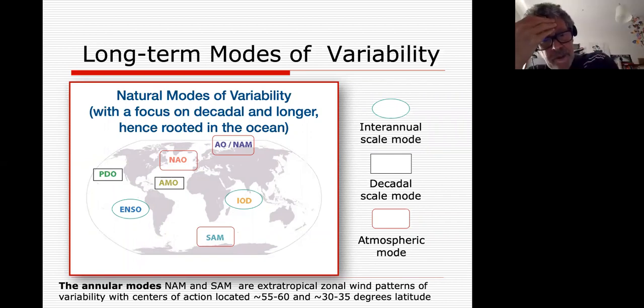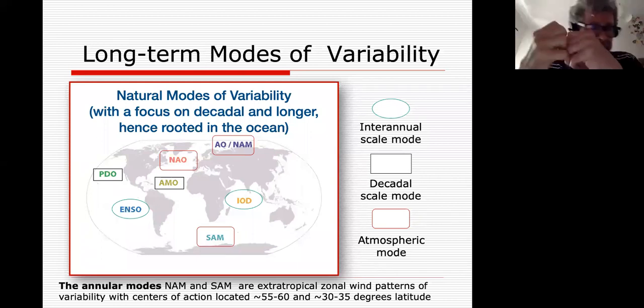What is important to mention is that while the oceanographic long-term mode of variability has a prominent energy in the signal on the long scale, the atmospheric modes of variability have the whole spectrum.